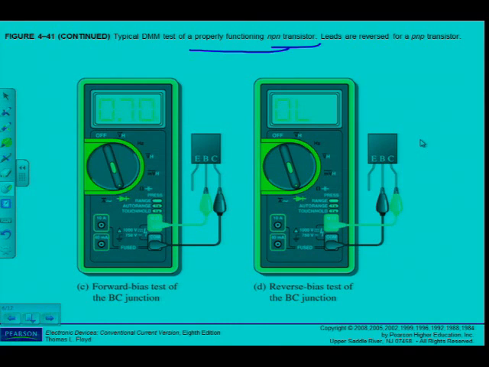Now, the same rule applies as for the diode. When a transistor is good and I test the base-emitter junction and forward bias it, it acts like a closed switch, so the resistance should be low, in other words I should get a low reading.